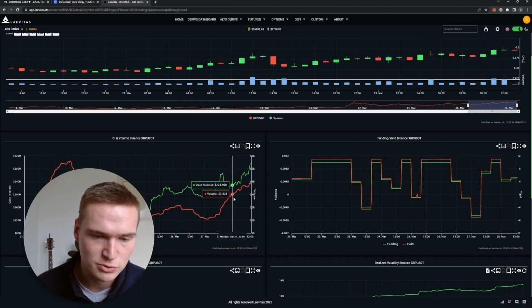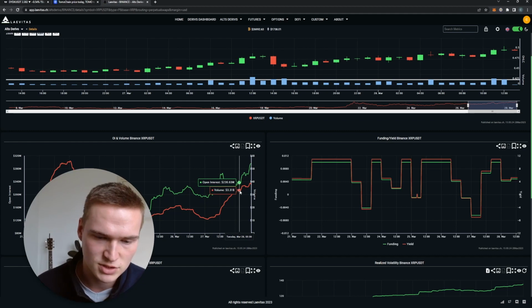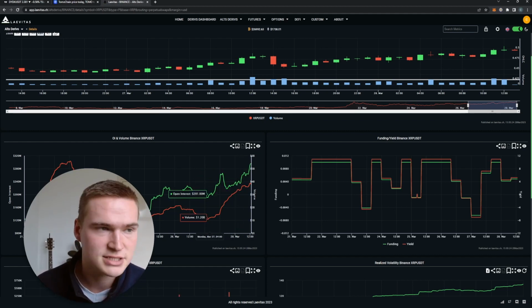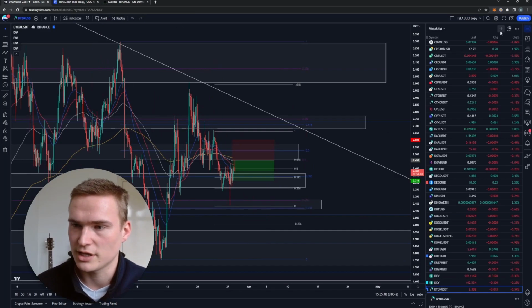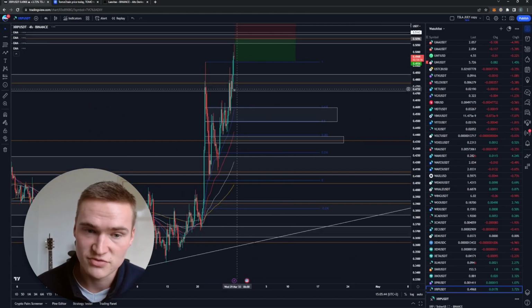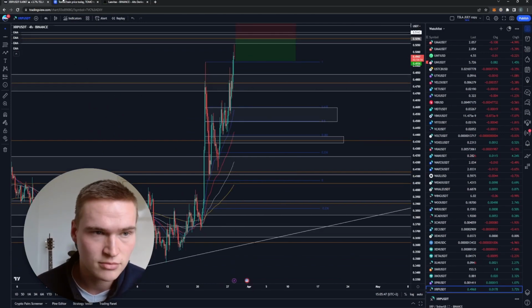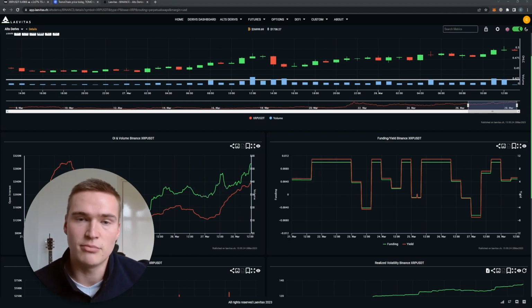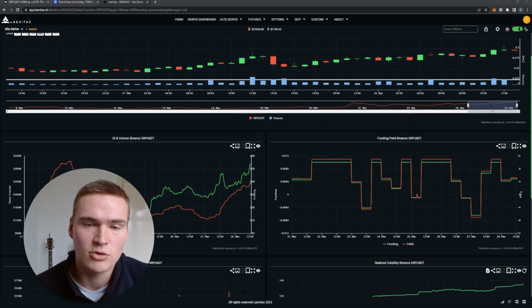Like right here, it was already increasing. When was this? It was March the 28th. Earlier today it was already increasing, and what do we get afterwards? If we take a look at XRP right now, there is quite a lot of volatility, and this volatility came after you saw this moving up. So that way you can actually spot it before the pump or before the dump.